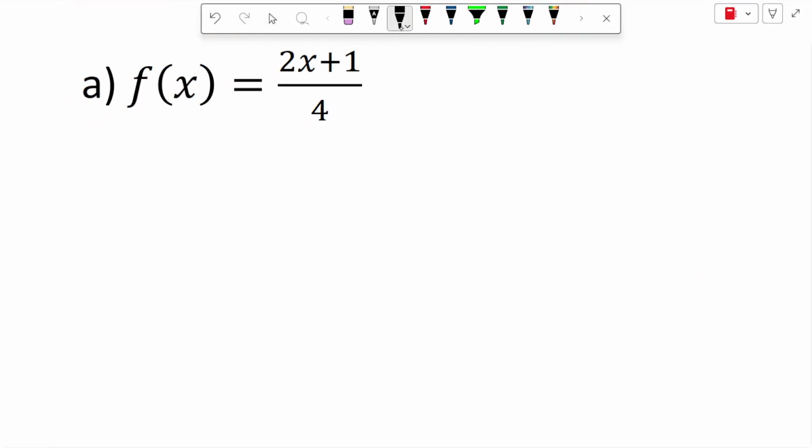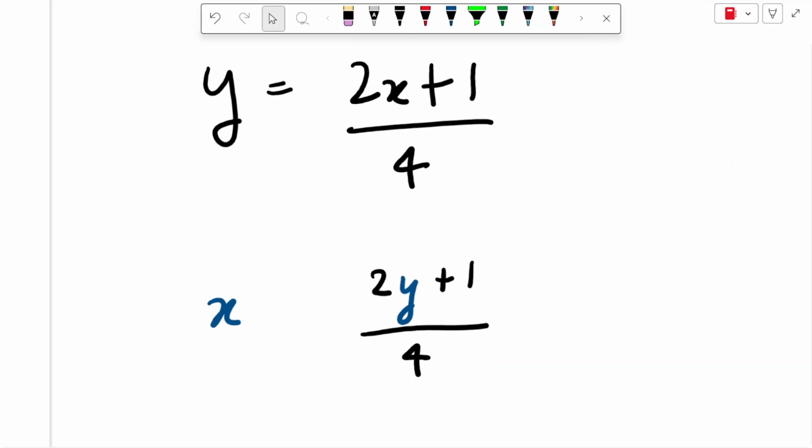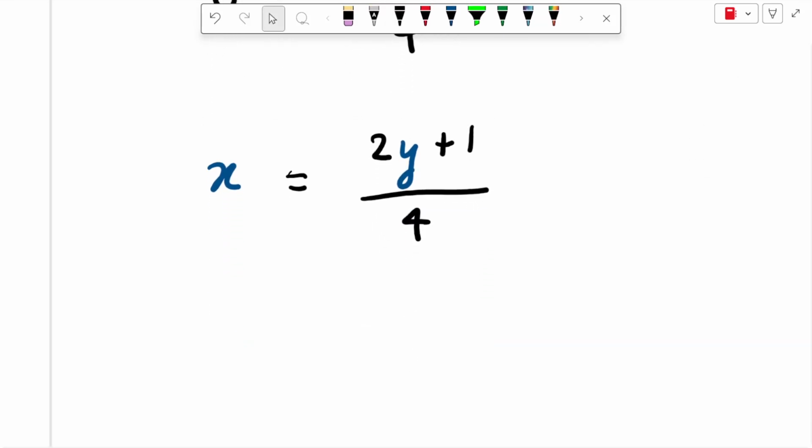What we're going to do is start with y is (2x plus 1) over 4. And basically, what you do is you swap x and y. So we're going to get x is (2y plus 1) over 4. So we're swapping x and y, and then you just rearrange it.